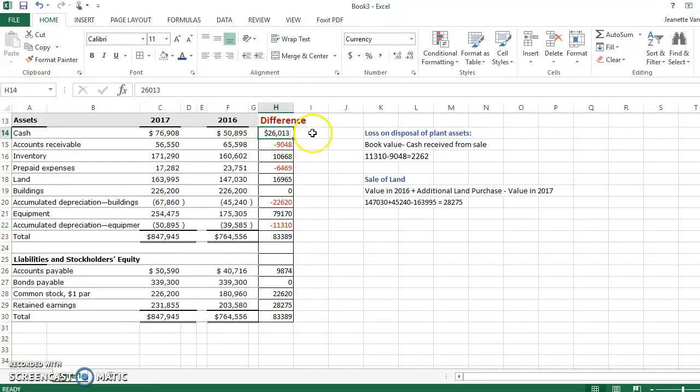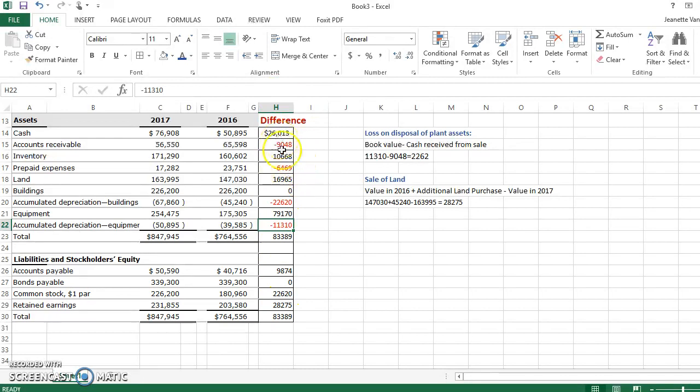So you see we had a positive difference for the cash, a negative balance on accounts receivable, positive for inventory, negative for prepaid expenses, positive for land, no changes in building, accumulated depreciation for buildings was negative, equipment was a positive change, accumulated depreciation on equipment was a negative change. So we see that there are differences.